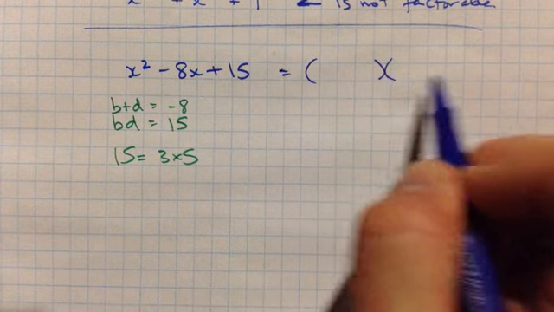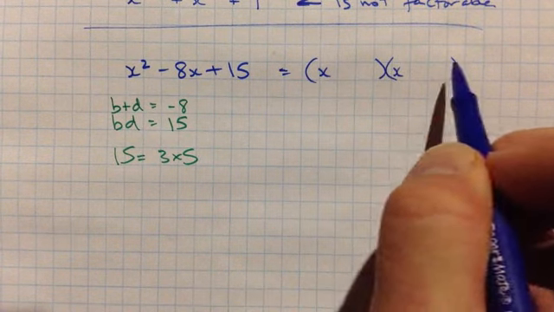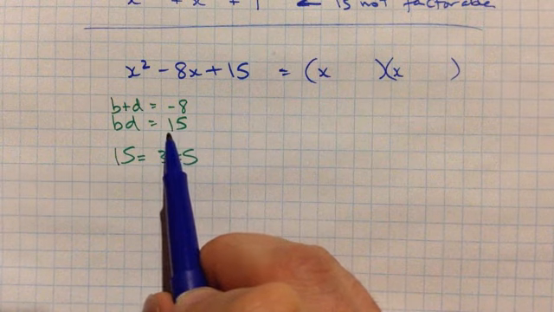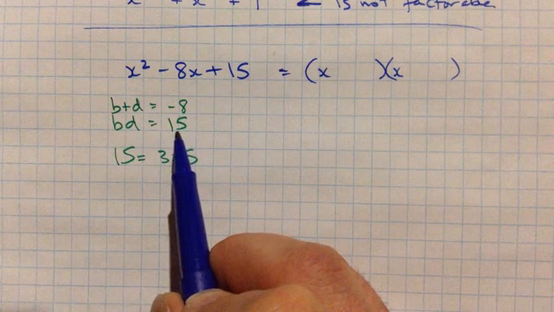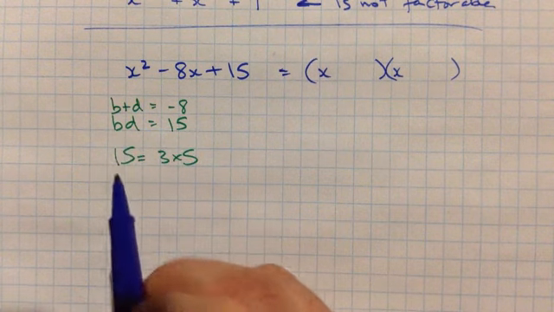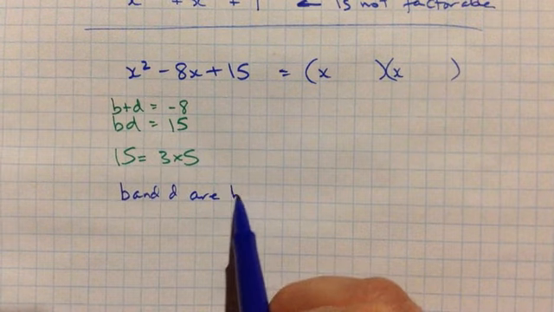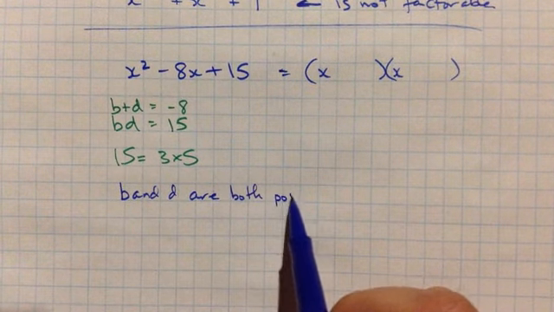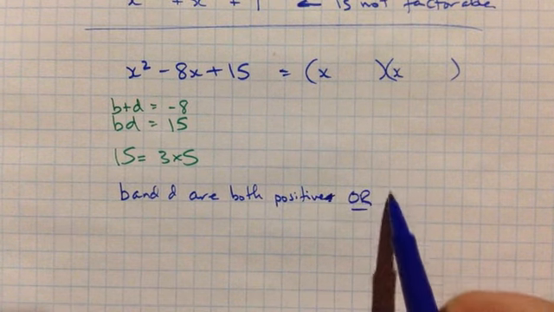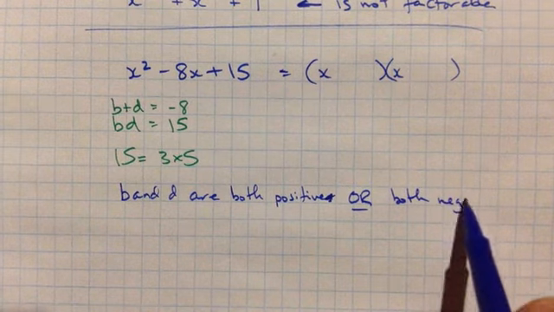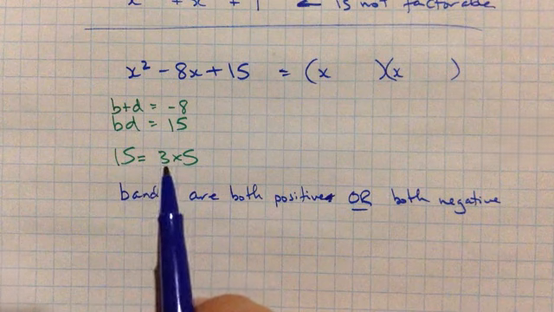So I'm going to have an expression that looks like this, x here, plus or minus something, plus or minus something. Well, I've got two numbers that multiply to give me a positive number, so either both of these numbers, b and d, are both positive, or both negative, because I'm ending up with a positive value as a result of multiplying those two things together.